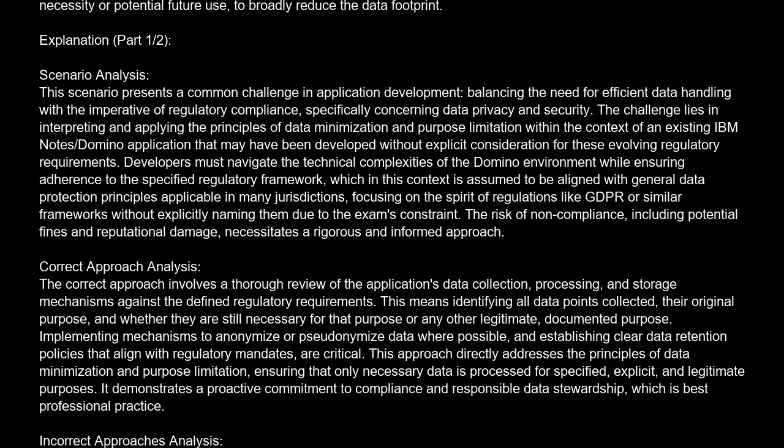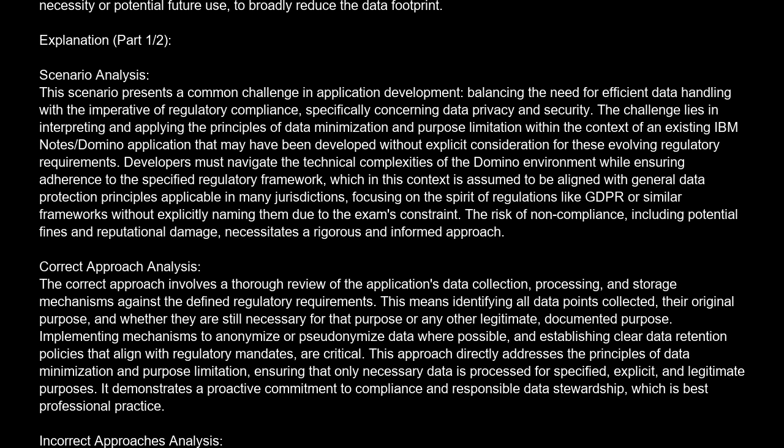Correct approach analysis. The correct approach involves a thorough review of the application's data collection, processing, and storage mechanisms against the defined regulatory requirements. This means identifying all data points collected, their original purpose, and whether they are still necessary for that purpose or any other legitimate, documented purpose.